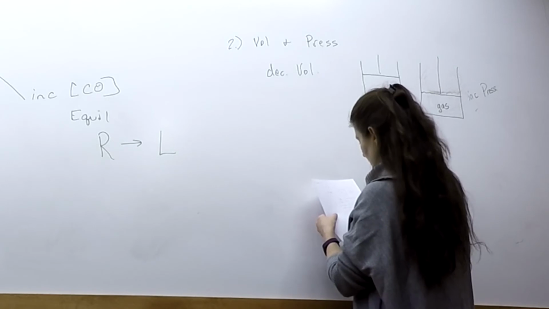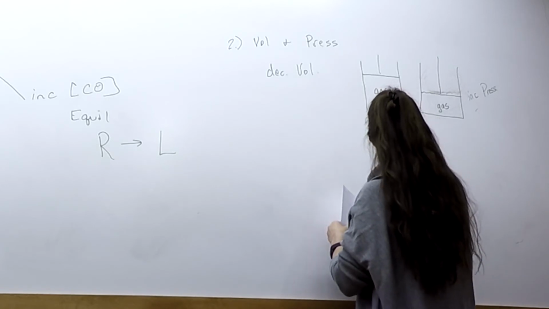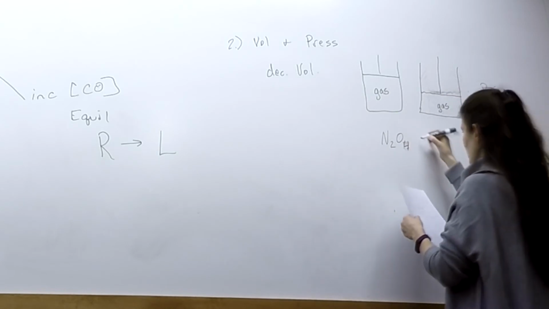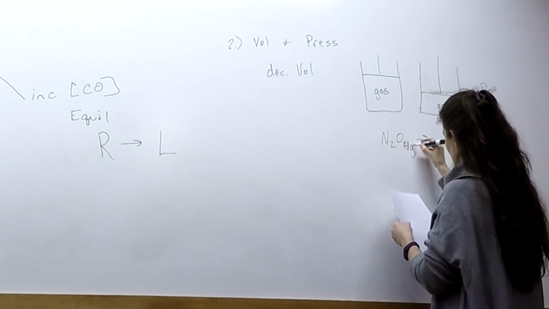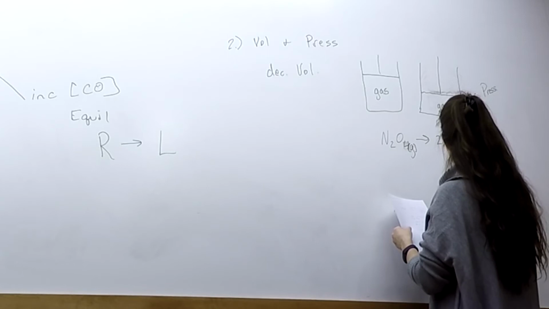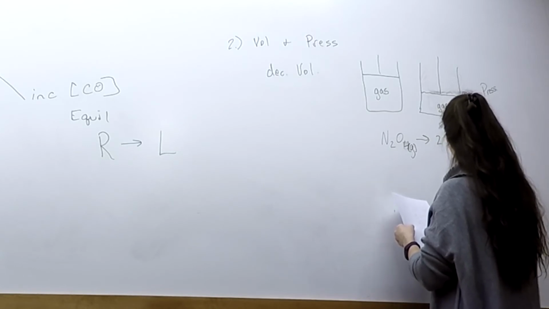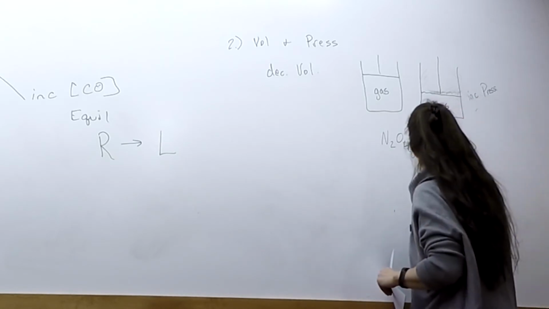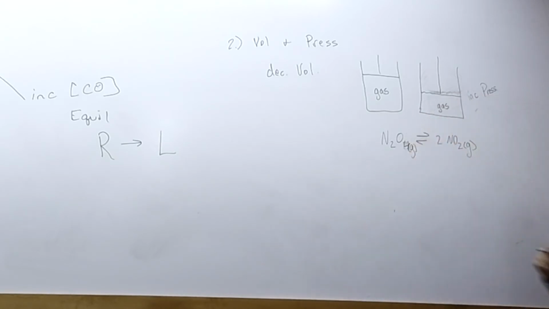Let's say that the gases that are in there, our original reaction here with our dinitrogen tetroxide, decomposing to my 2NO2 molecules. All right. Remember those reverse guys. All right, so how does this concept work?